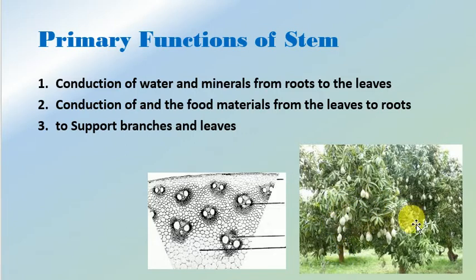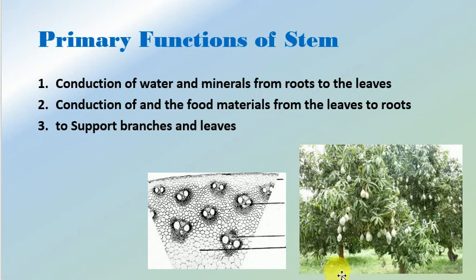Likewise, the food material produced by photosynthesis in the leaves, if the root system requires energy or food material, is translocated via phloem tissues through the stem tissues and reaches up to the roots. So in short, we can say that the stem is the mediator between the branches and the root system.